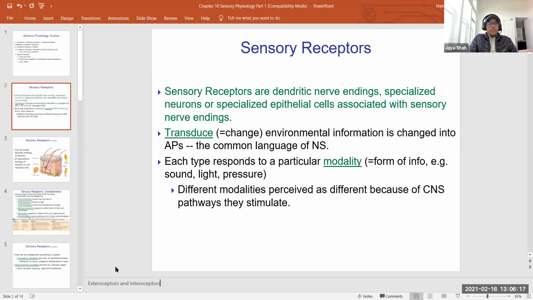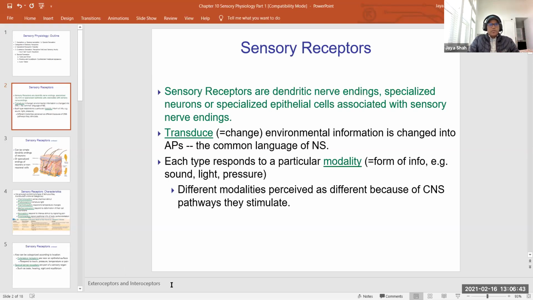So exteroceptors are the receptors which are found on the surface of your mucous membrane or your skin, like touch receptors in your skin. And interoceptors are inside the body. For example, temperature receptors and hunger receptors in our hypothalamus, osmoreceptors in our blood vessel wall or in our brain.